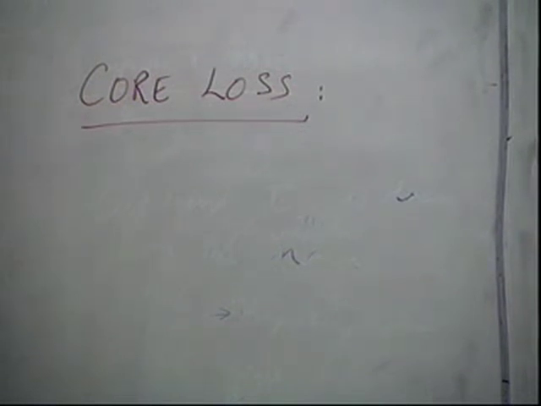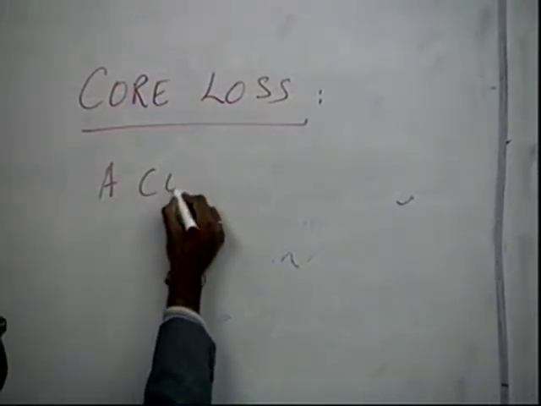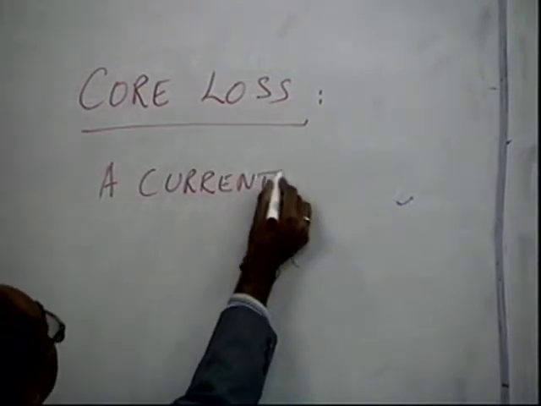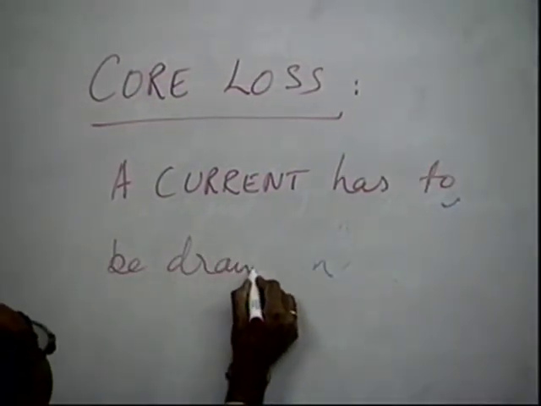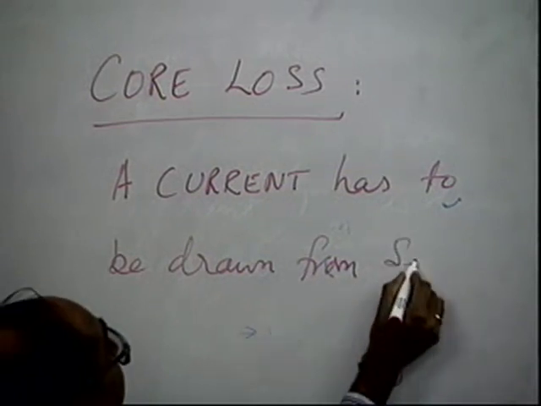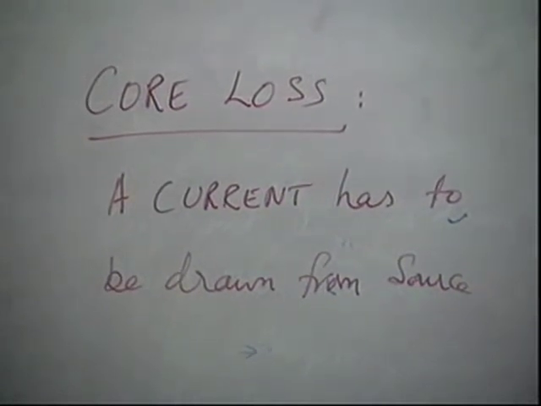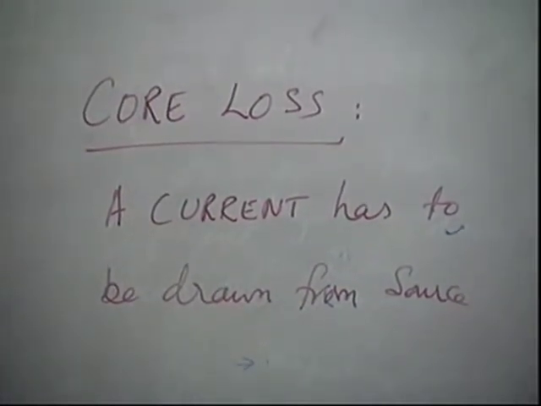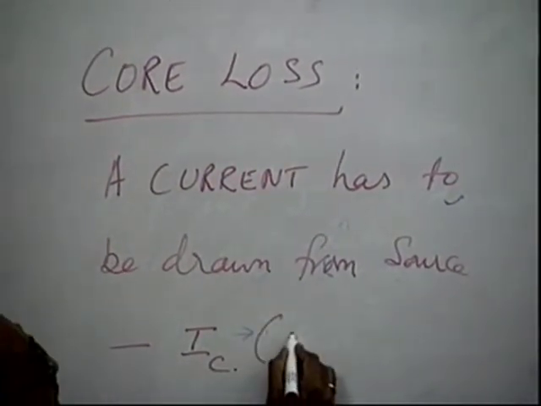It has to come from the source only. Core loss, hysteresis and eddy current loss also have to come from the source. So again, a current has to be drawn from the source. Let us call this IC, and this is called the core loss current.